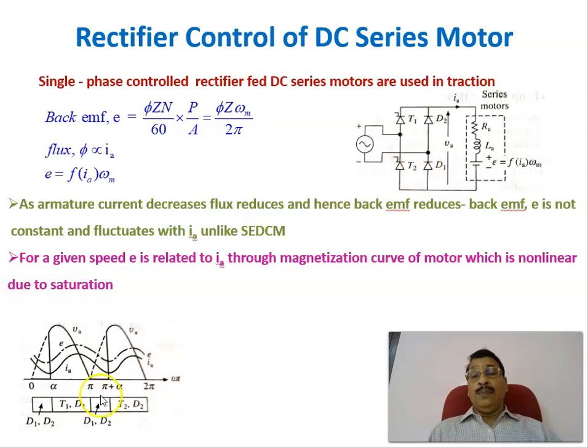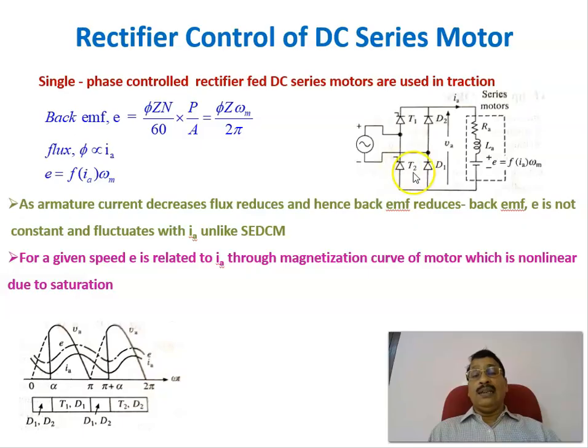And from pi to pi plus alpha, D1 and D2 are conducting. That is, the freewheeling diodes are conducting. Therefore, there will be a current flowing through the armature, but the voltage is equal to 0, because only the diode drop comes. So the voltage across the motor, VA, will be equal to 0 from pi to pi plus alpha. Again at pi plus alpha, T2 is fired.